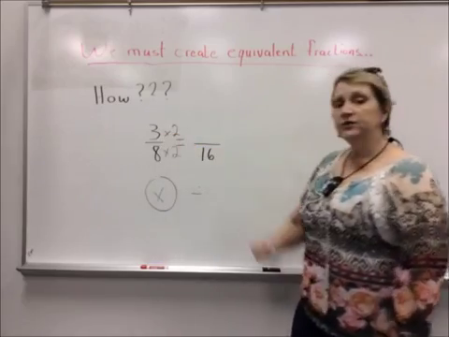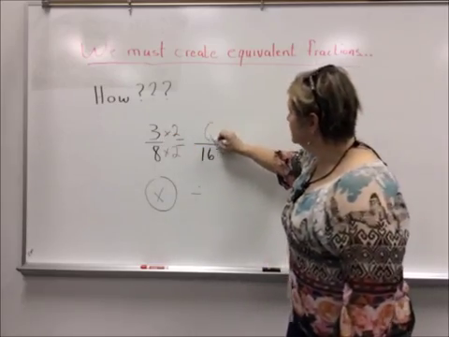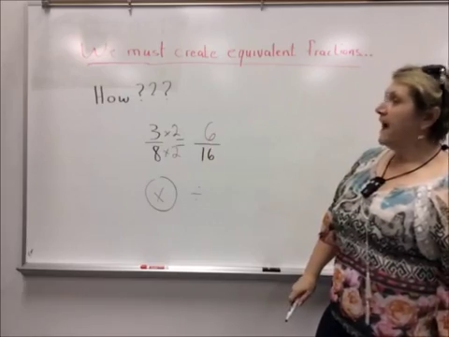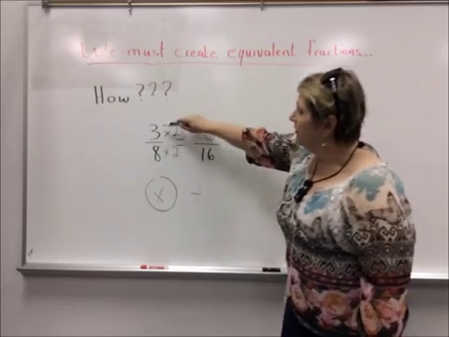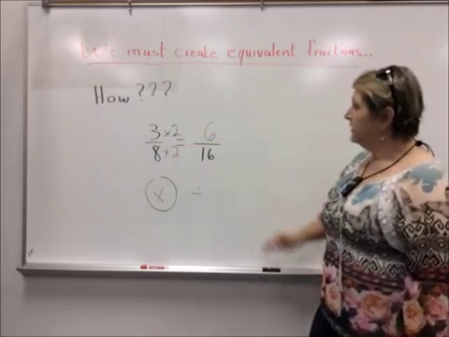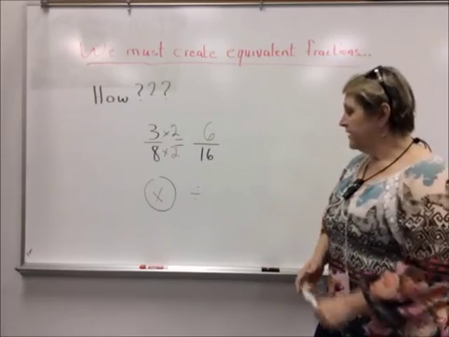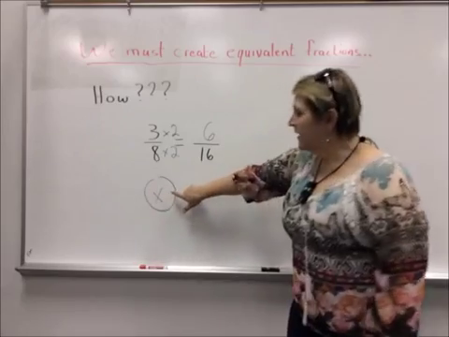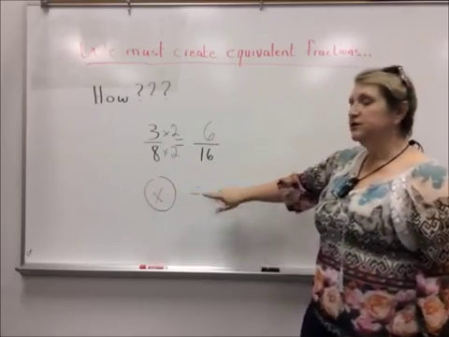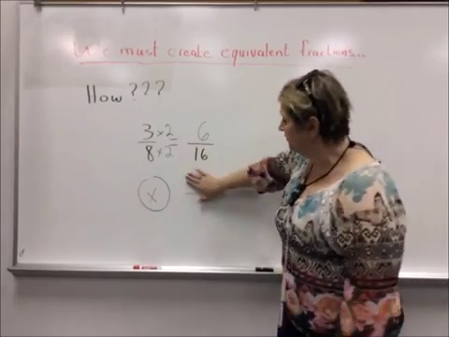So 3 times 2 is going to give us 6. And so now we have an equivalent fraction. 3/8 is equivalent to 6/16. Okay, let's try another one, shall we? Keep in mind this multiplication and division is how we're always going to get our equivalent fractions.